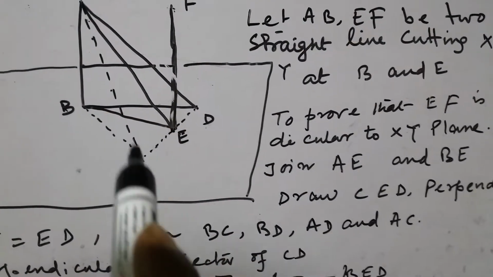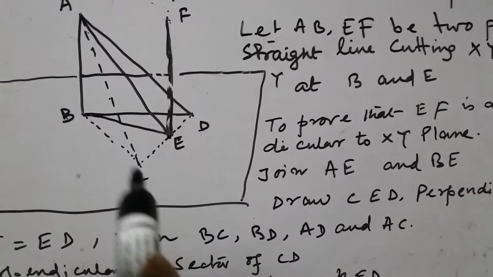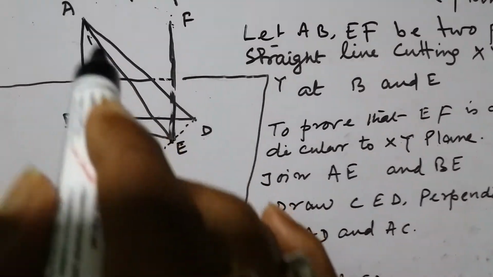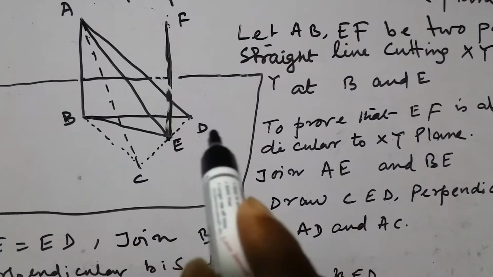So these two triangles, ABC and ABD, are congruent. So AC is equal to AD.